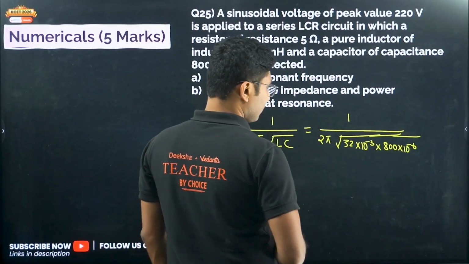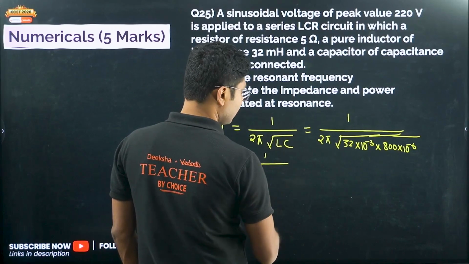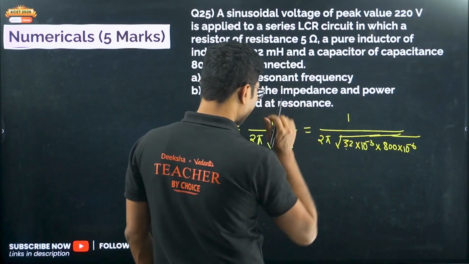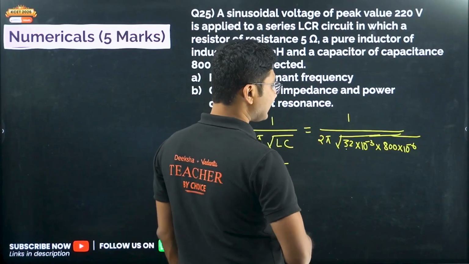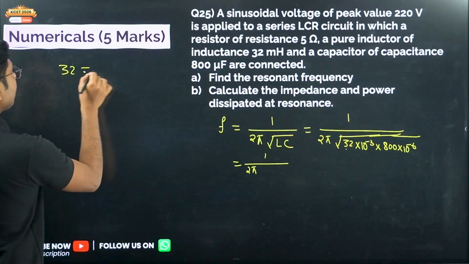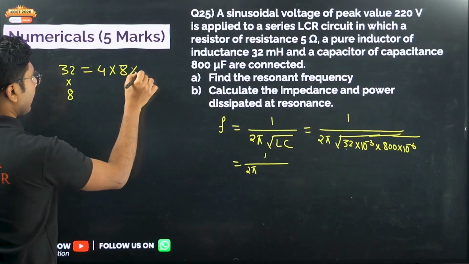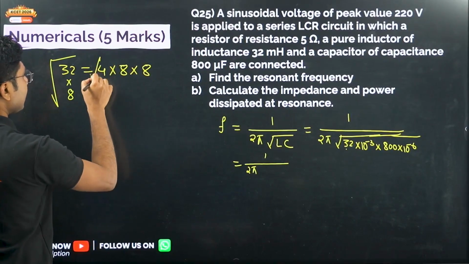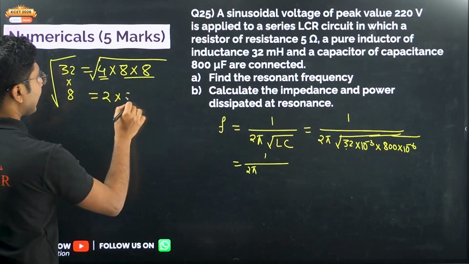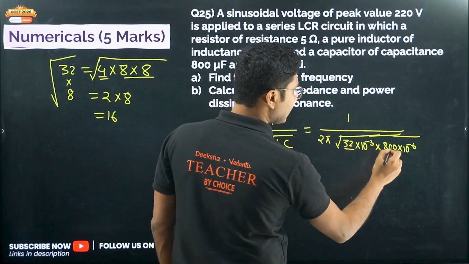Okay, so let's see. 32 equals 4 into 8, and we are multiplying with 8. Okay, and if you take the square root of this, what do we get? Square root of 4 is 2 and 8 into 8 is 8, so this will be 16.